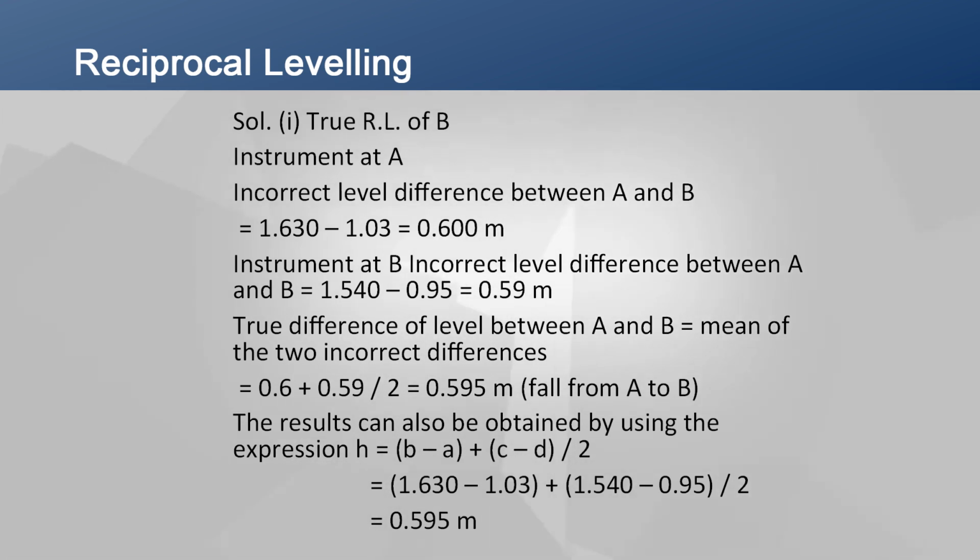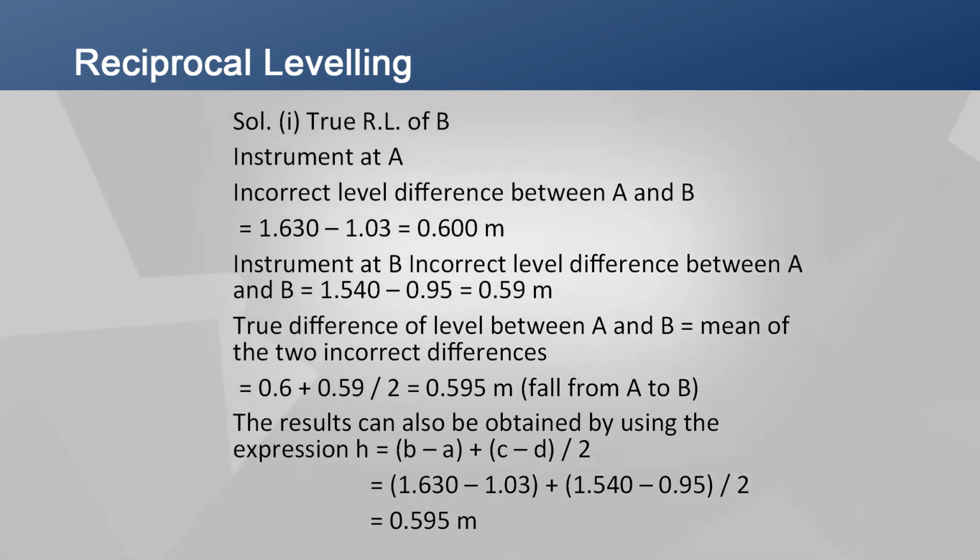Now, when the instrument is at B, the incorrect level difference between A and B will be the staff reading on B minus the staff reading on A, that is 1.540 minus 0.95, which results in 0.59 meters.